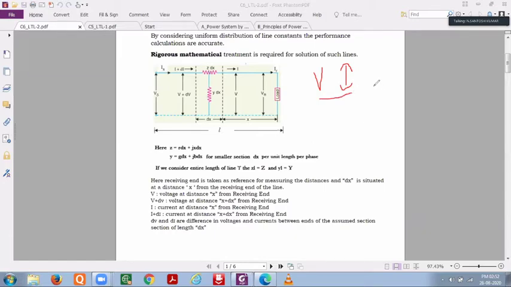Later on, I can use those equations to find your sending end voltages and receiving end voltages, sending end currents and receiving end currents. So our first task is to find the voltages and currents at any instant. That instant we will take as x.